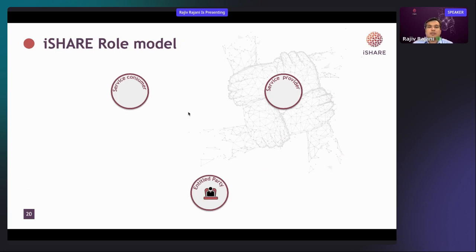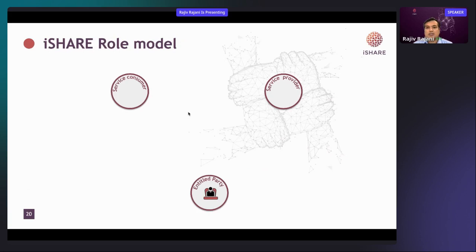Usually it happens that the organization itself is the data owner, but it uses cloud SaaS products, or other IT providers who manage and host their application and the database, and they act as the data provider in that sense.